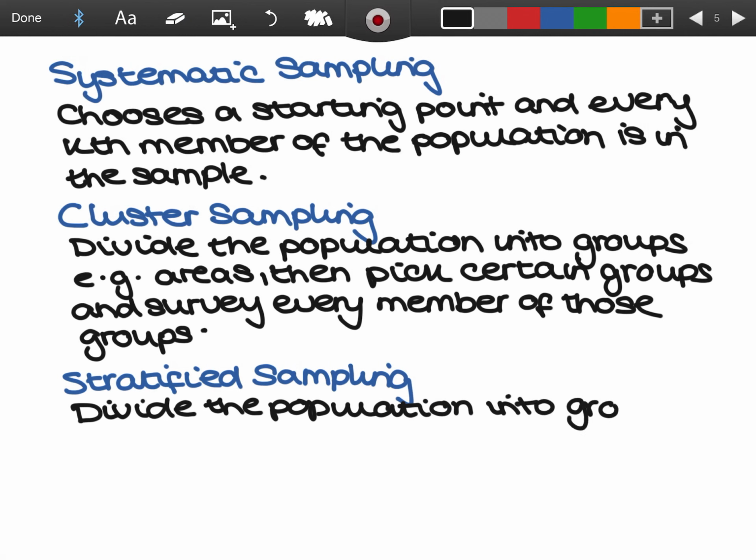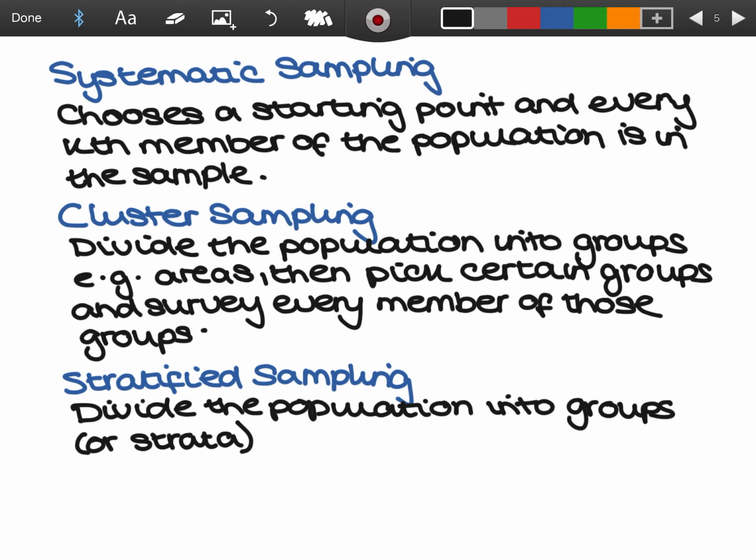It's called stratified sampling. So divide the population into groups. And then all you're going to do is you're going to pick a certain amount of people or objects within each of those strata to survey. So this time you're just taking a certain amount of people or objects from every single group and surveying them.